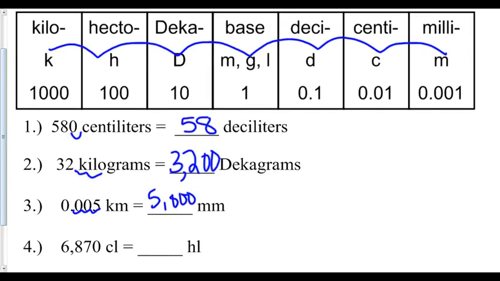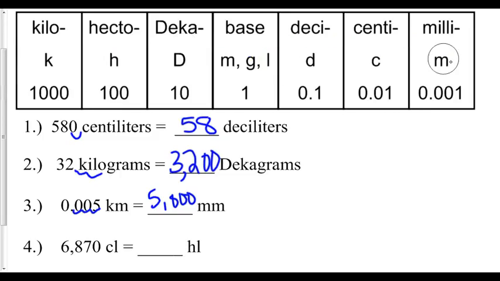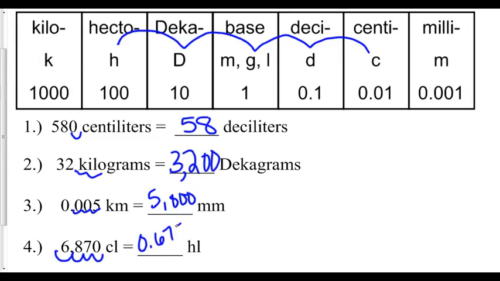And last but not least, I have 6,870 centiliters, and I want to figure out how many hectoliters that is. So here's centiliters. I'm going to go to the left 1, 2, 3, 4 times. Here's my decimal point. I go left 1, 2, 3, 4 times. 0.6870, and that's how many hectoliters.